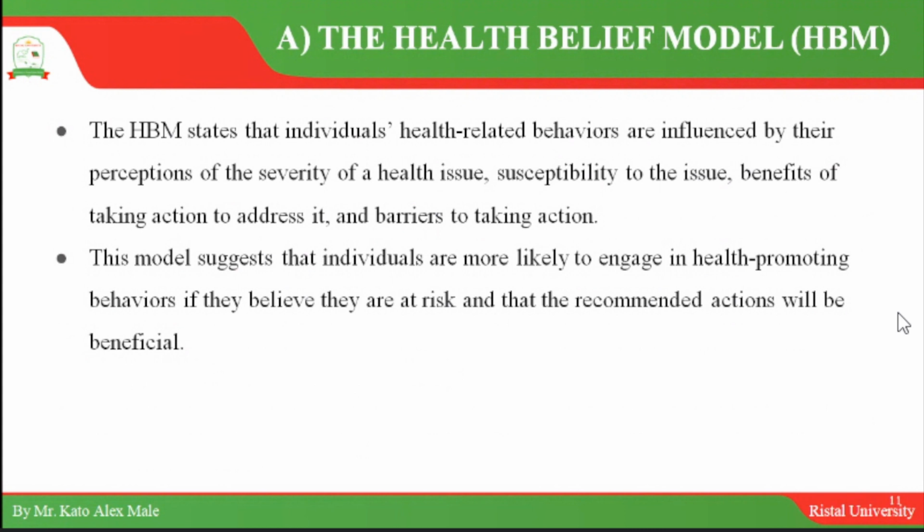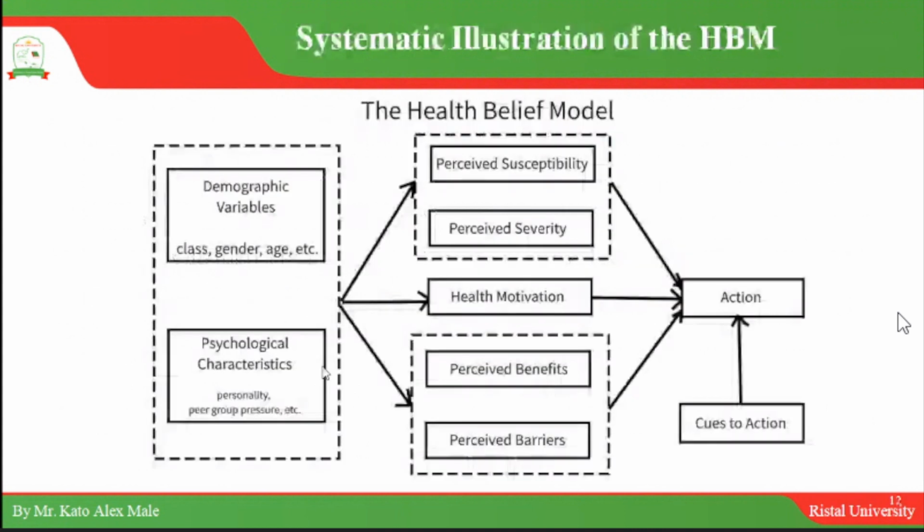Coming now to the systematic illustration, I tried to provide this illustration to help us understand more of this model. Those who are watching it right now, you can see the demographic variables and then psychological characteristics. Class, social class, economic class, that's what we mean by class.